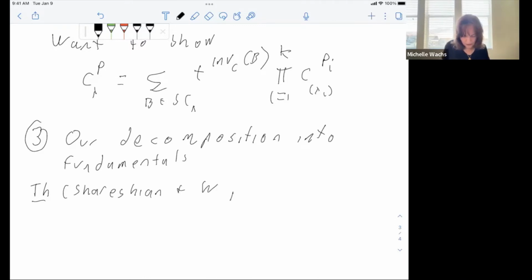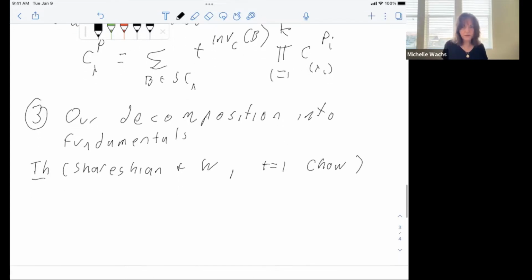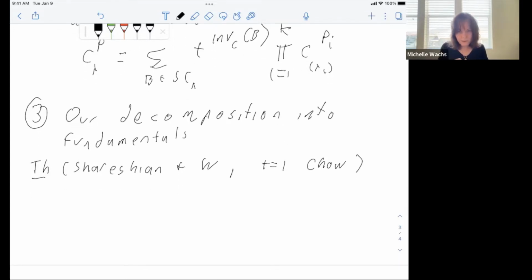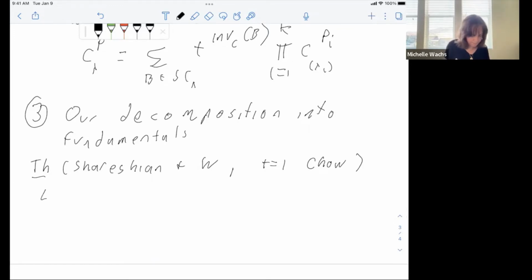The t equals 1 case is due to Chow. Shortly after the chromatic symmetric functions were introduced, Chow proved the following result in the t equals 1 case. Let P be a poset on N, and G is the incomparability graph of P.